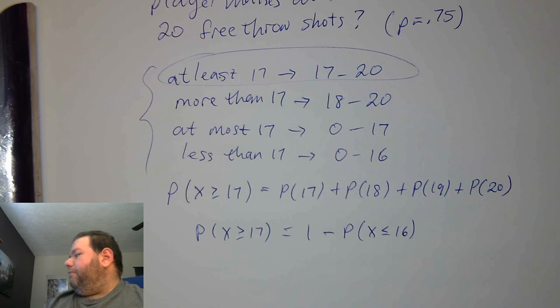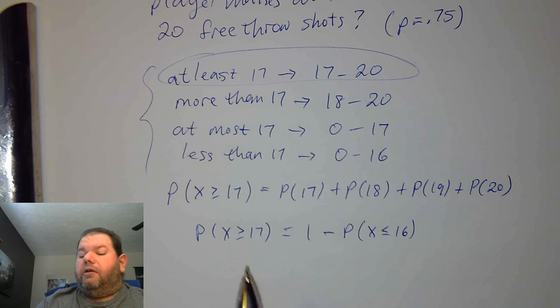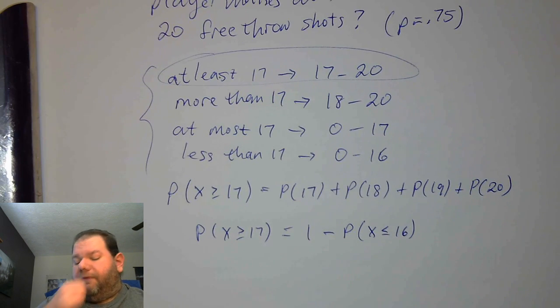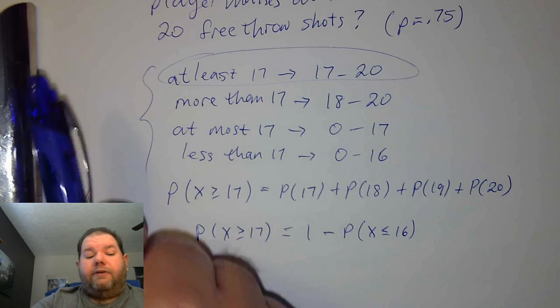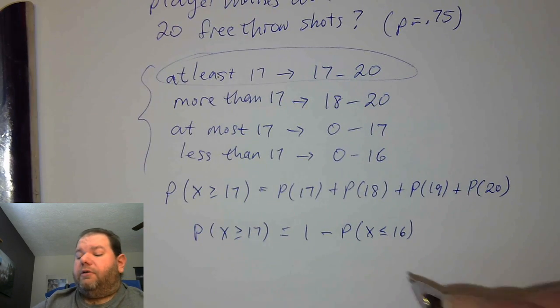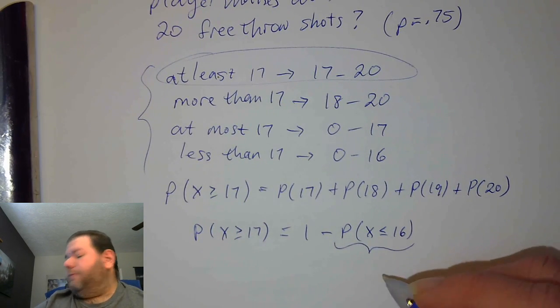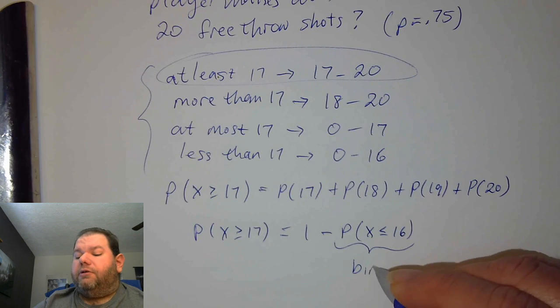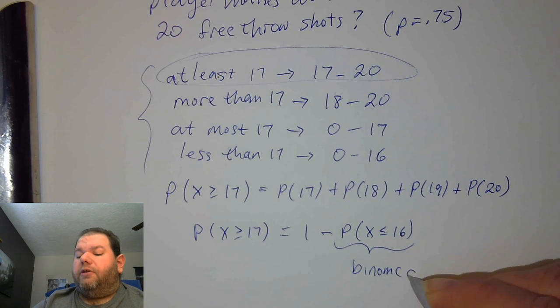Alright, so we can set up the probability of x greater than or equal to 17 equals 1 minus the probability of x less than or equal to 16. Those are our complementary events. Now, the way that we do x less than or equal to 16 is, for that one, we use the binomial CDF function on the calculator.